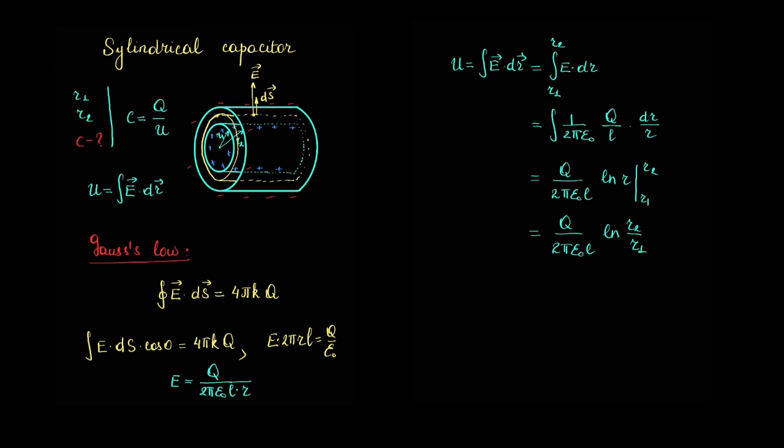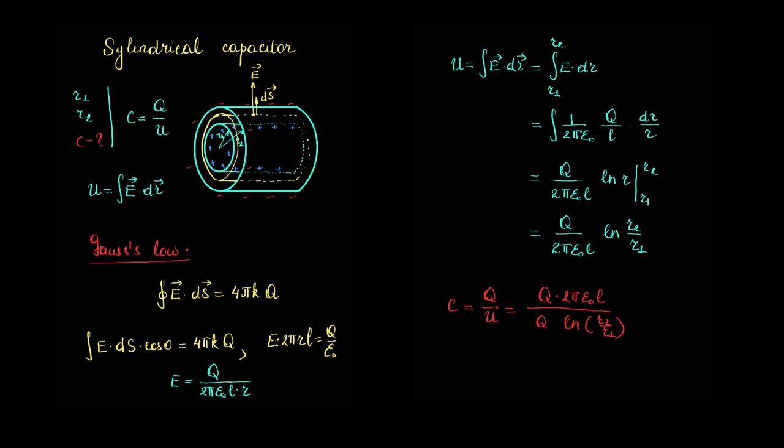Then capacitance C equals Q divided by U, which is just Q divided by Q over 2 pi epsilon 0 L multiplied by ln R2 over R1.